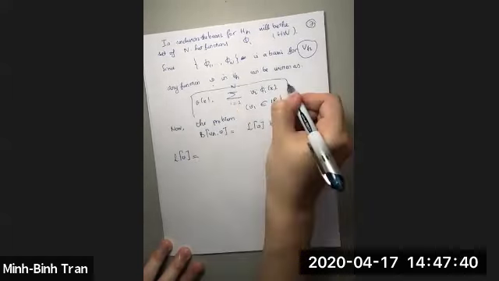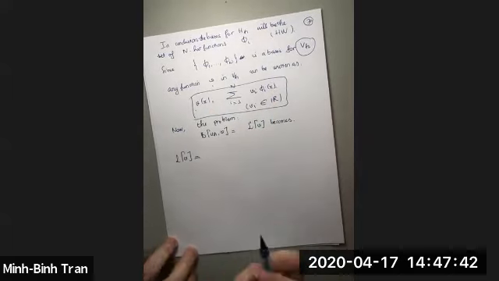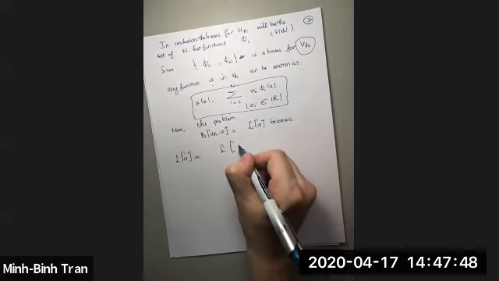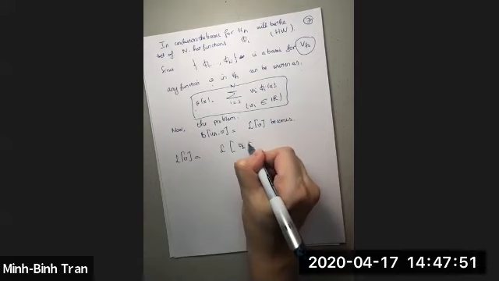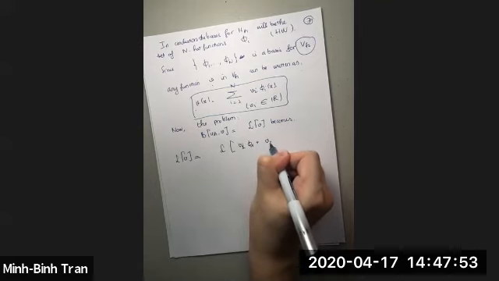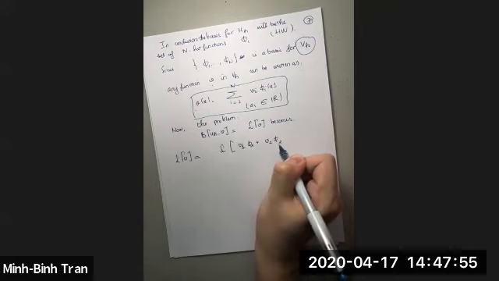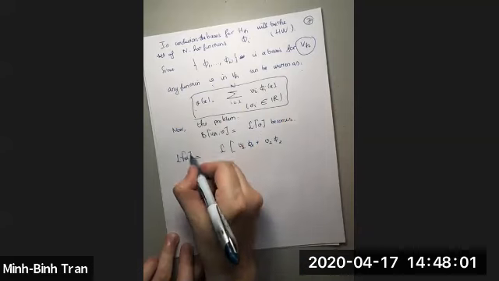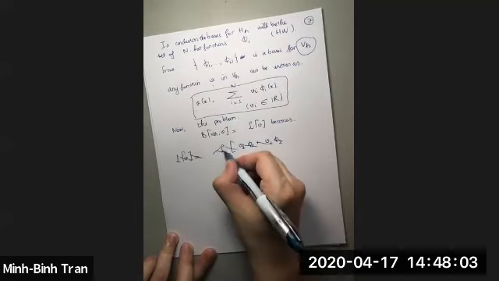Suppose that v is written in this form. What is the form of L of v? So I go one step further. Sorry, this is a little bit too early.